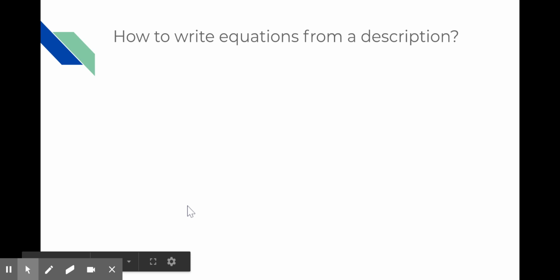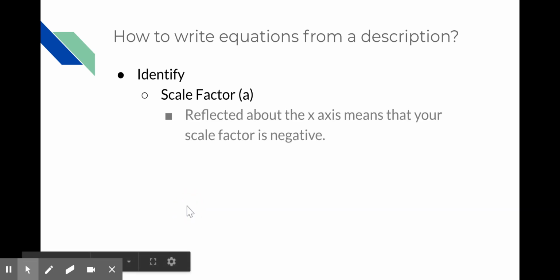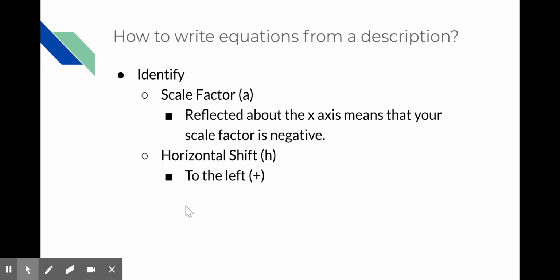Okay, how to write equations from the description. Your first step is identify your scale factor, your a. And if it says reflected about the x-axis, that means your scale factor is negative. Next, identify your horizontal shift, h. If it says to the left, it's positive. If it's to the right, it's negative.